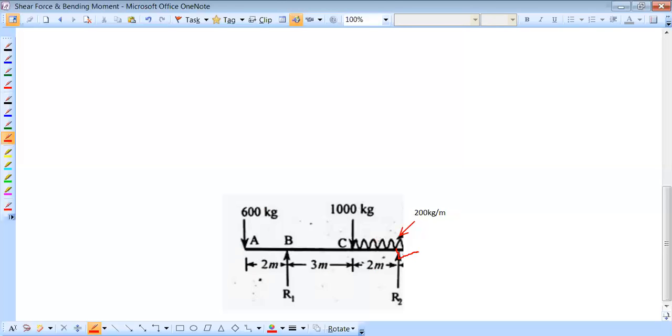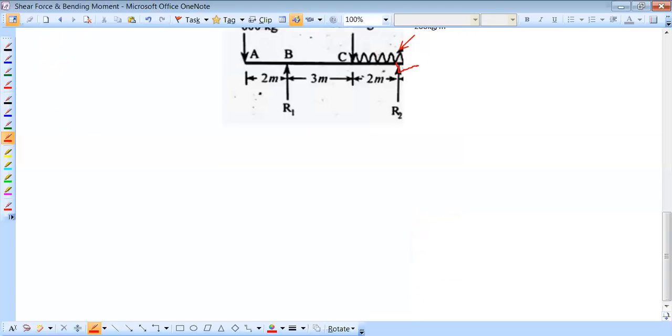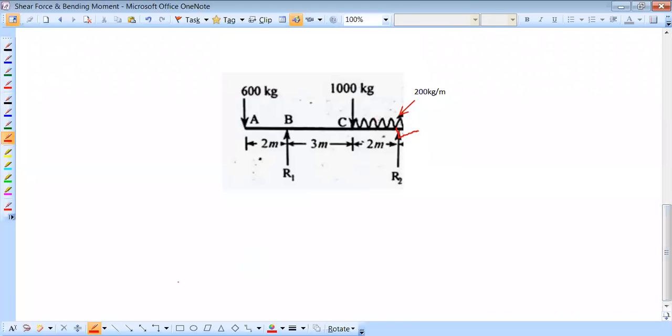So let's start on how we can solve this type of problem. First of all, when we find the SFD and BMD, we first find the reactions R1 and R2. R1 plus R2 is equal to the total load.